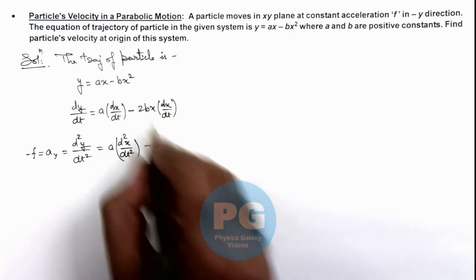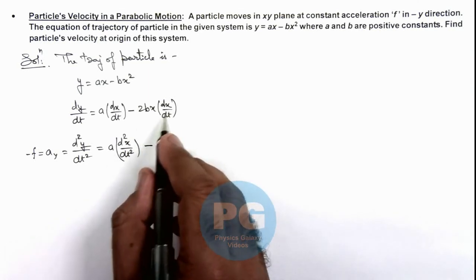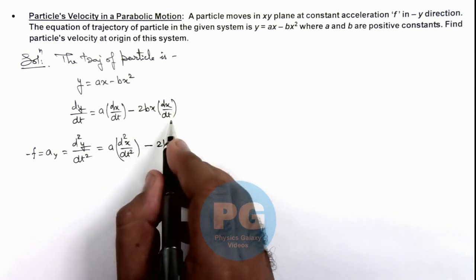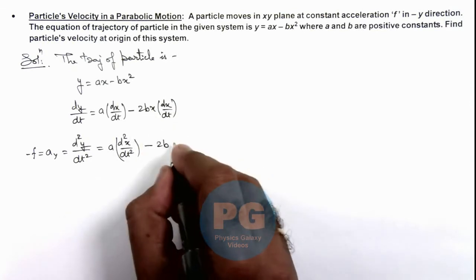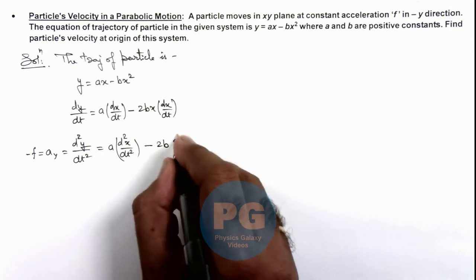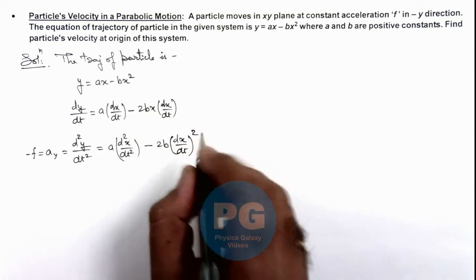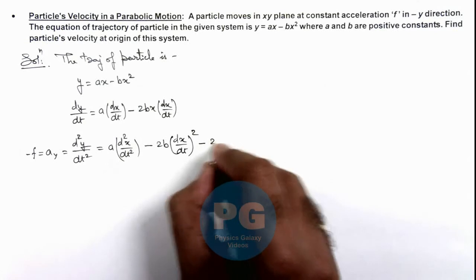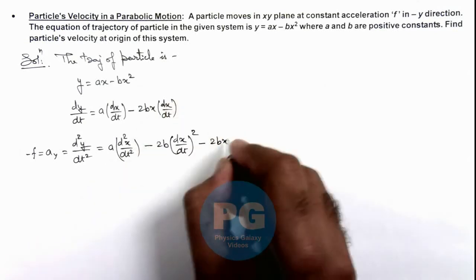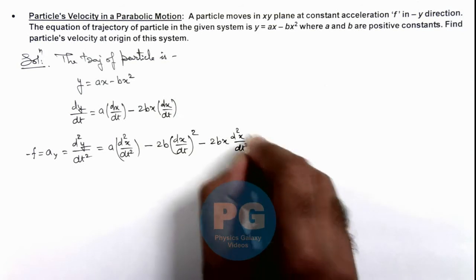So here this 2b multiplied by, if we differentiate it, x dx/dt, then here we can write 2b, when we differentiate x, this will be dx/dt, so this is (dx/dt) whole square, minus, if we keep x as constant, this 2bx, and the derivative of dx/dt is d²x/dt².